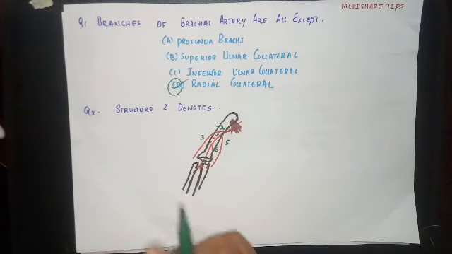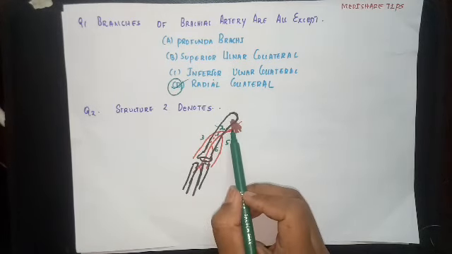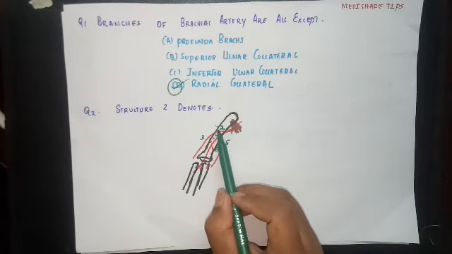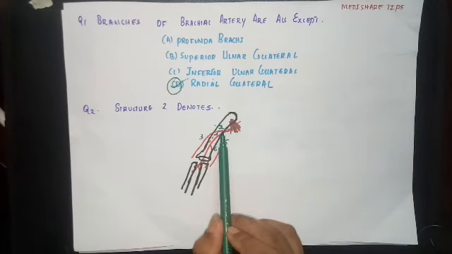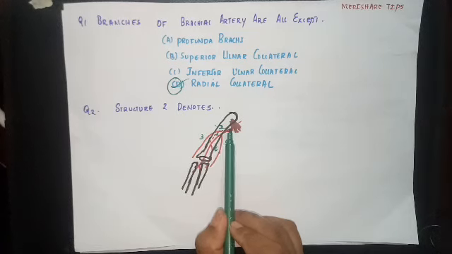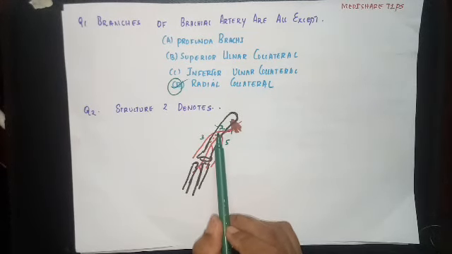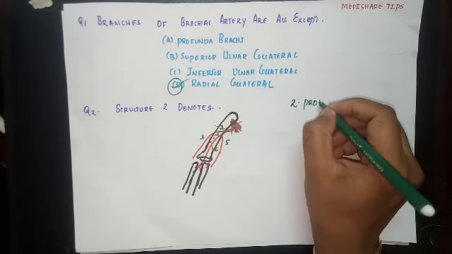So in the diagram, identify the structure which is marked as 2. Structure 1, which passes from the lower border of the teres major, is the brachial artery. And the artery which is marked as 2 is the one which arises from the first part of the brachial artery and passes posteriorly to the humerus. That is definitely the profunda brachial artery.